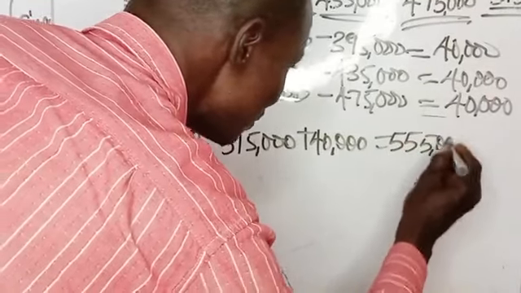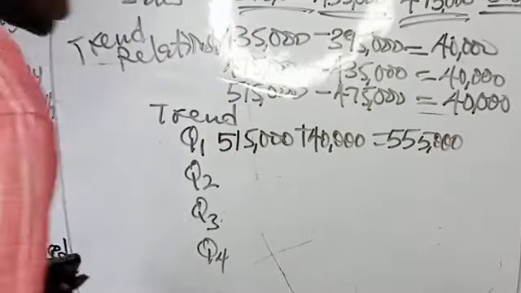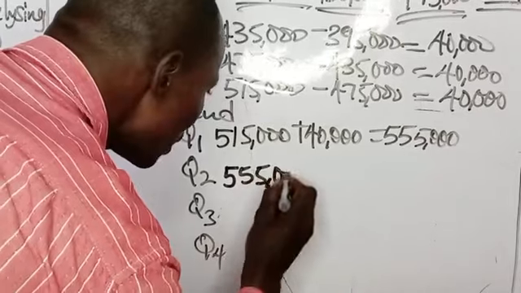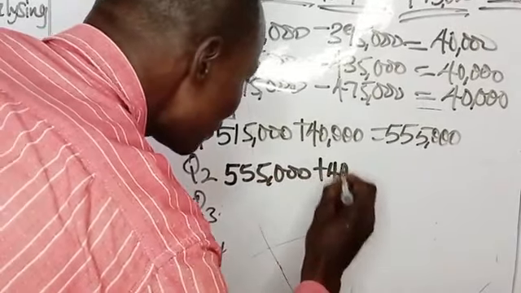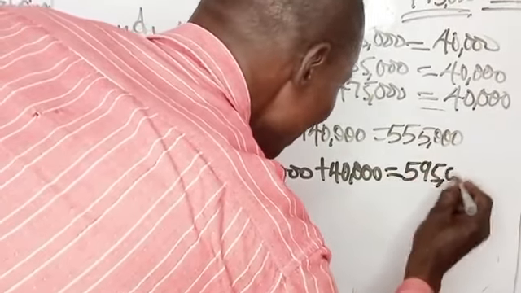That is the trend. Then the second quarter will be 555,000 plus 40,000. That gives us 595,000. That is the trend.